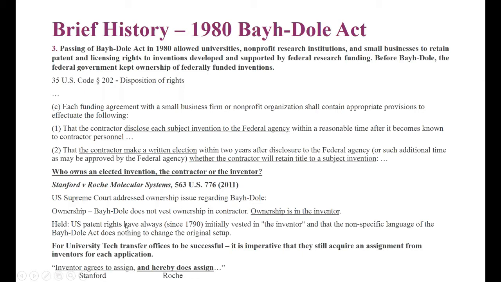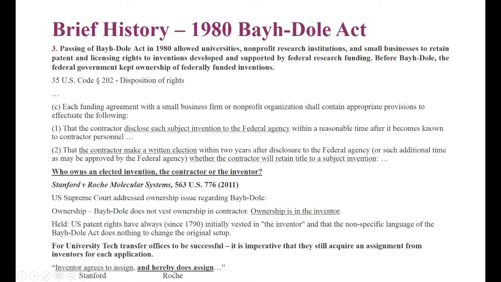So what happened, if you look at the very bottom there, this is the way that assignment should be worded. The inventor agrees to assign and hereby does assign the intellectual property to the assignee. The Stanford license agreement at the time, and this was back quite a ways, said only that the inventor agrees to assign the invention.